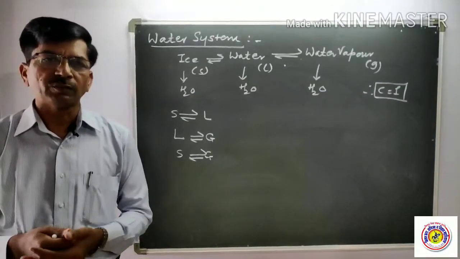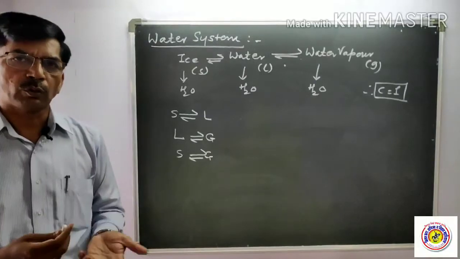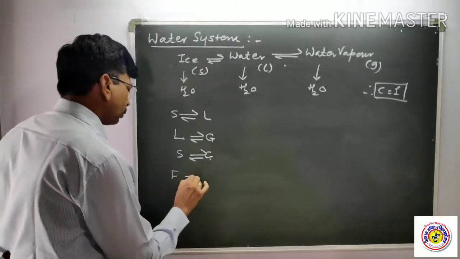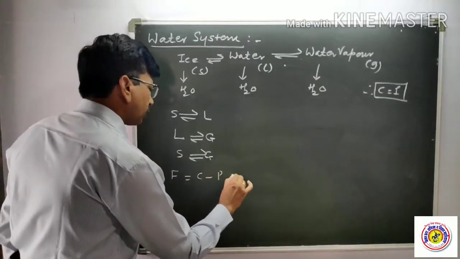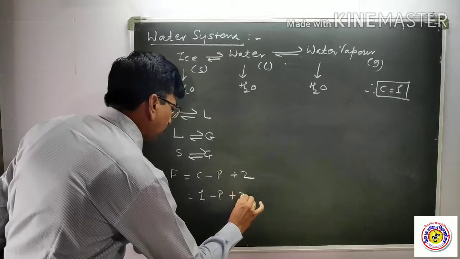So the degrees of freedom in this equilibrium are calculated by using the Gibbs phase rule. And how is it calculated? By the usual method: F is equal to C minus P plus 2. C is 1, so F is equal to 1 minus P plus 2.